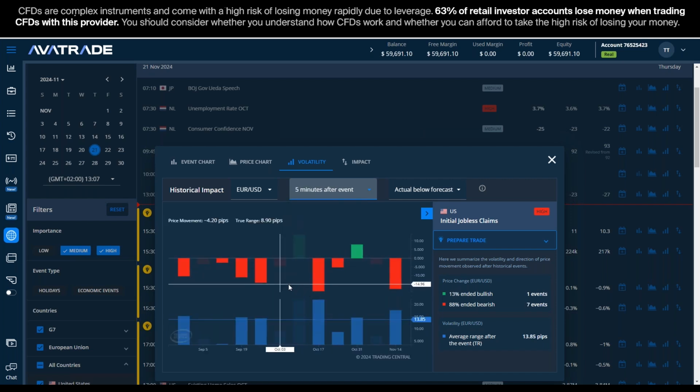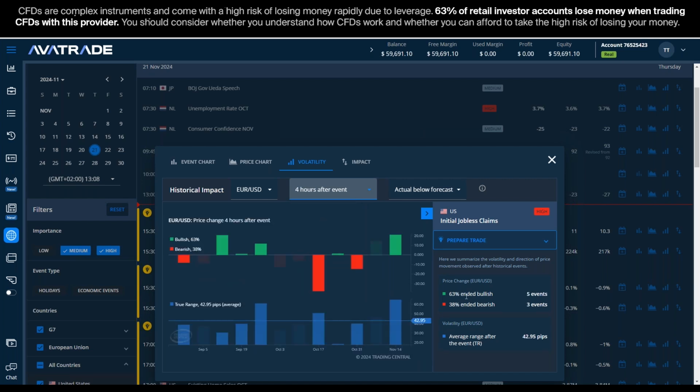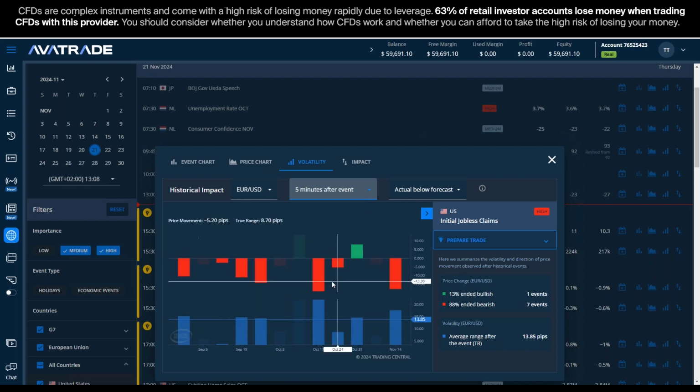So again, in the first 5 minutes, the reaction to these jobless claims was a false move because what we see is they all went down in the first 5 minutes, 88% of them. After 4 hours, 63% of them were up. You'd have profited on all of these green ones because in the first 5 minutes, they all went down, except for one.